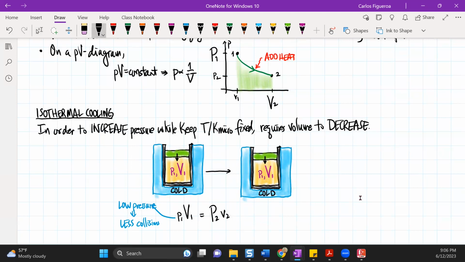So as a consequence, it turns out that we have to remove heat. So in this situation, the heat is flowing from the gas into the cold. So there's a two-step process that's actually happening. So what's the two-step process?